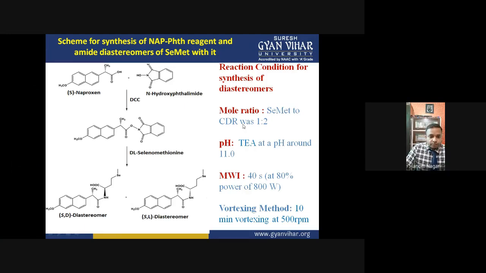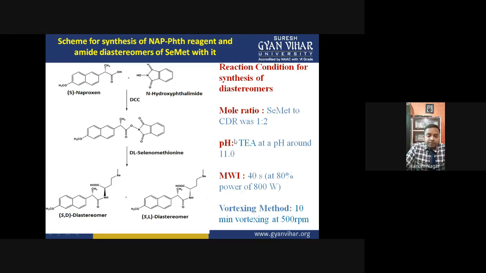To prevent this situation, selenomethionine and CDR were taken in 1:2, right? Means CDR is taken in excess, double the concentration of the selenomethionine.